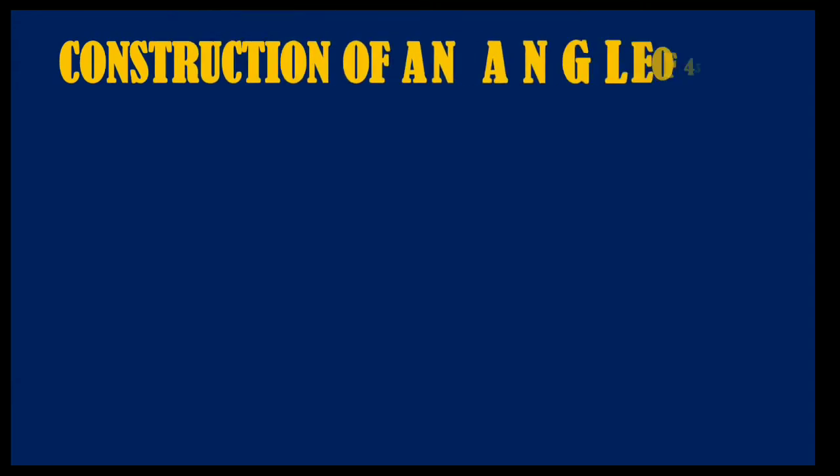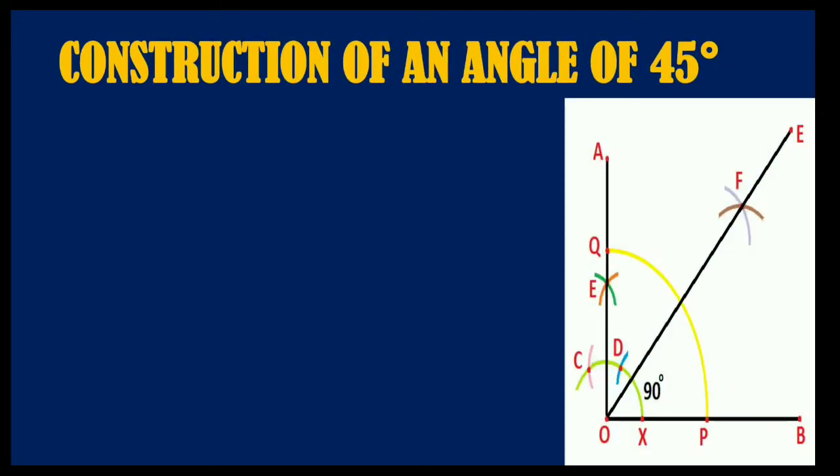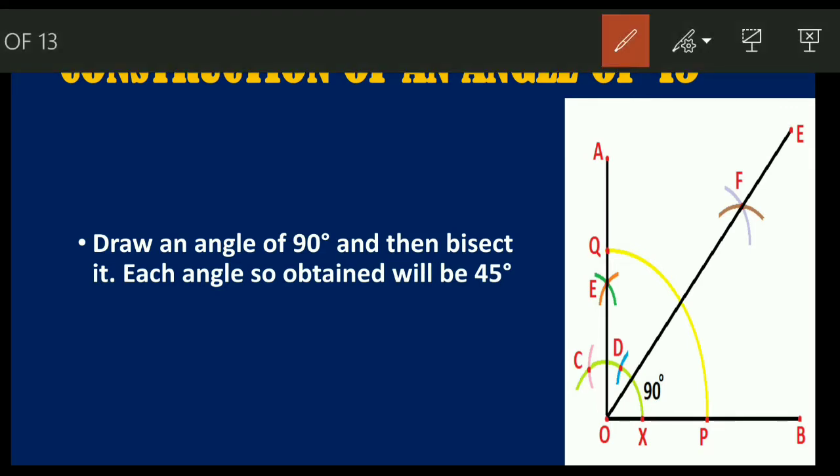Next we will try to understand how to construct 45 degree. So 45 degree means half of 90 degree. So first of all we have to construct the angle 90 degree and bisect the angle, and then we'll get exactly 45 degree. So draw an angle of 90 degree and then bisect it. All of you know how to draw 90 degree, just now we did it.